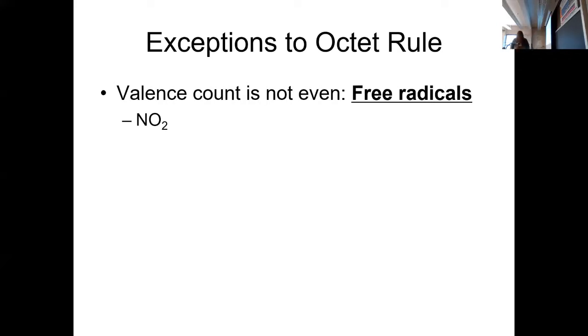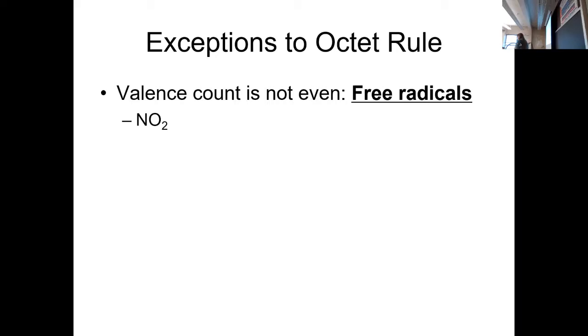So let's take a look at nitrogen dioxide. Okay, nitrogen dioxide has how many valence electrons? 17. So remember, one of the things that I told you when you were counting electrons is you should always get to an even number. If you didn't, there should be a charge.